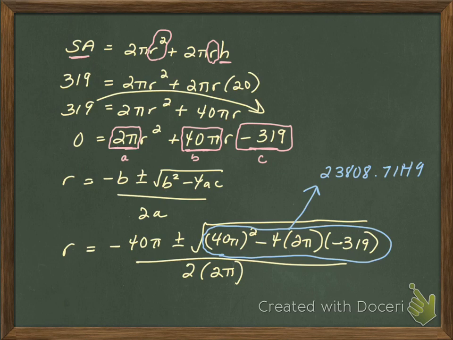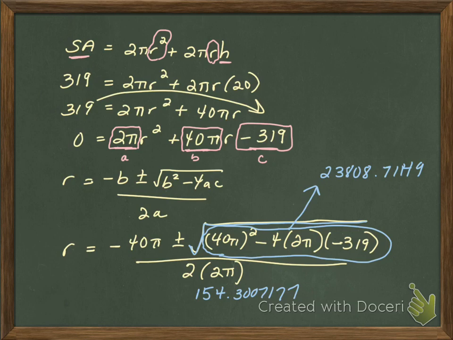Okay, and so that's the quantity under the radical, and then I want to take the square root of that. So in my calculator, when I take the square root of that, I get 154.3007177. You want to make sure that you keep the entire decimal expansion so that your answer is not off due to rounding.